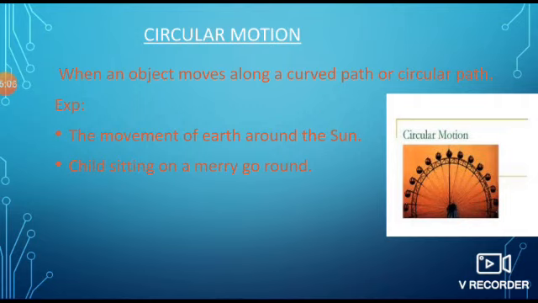It may be uniform or non-uniform, with changing rate of rotation. For example, a ceiling fan's blade rotation and a child sitting on a merry-go-round are said to be in circular motion.